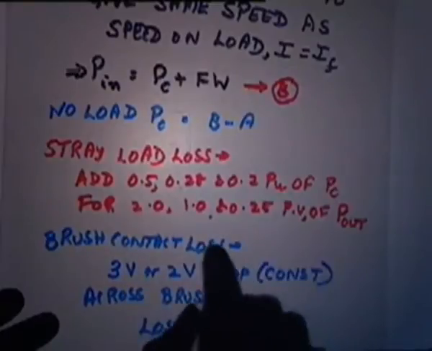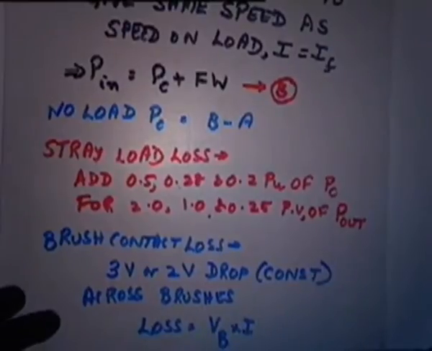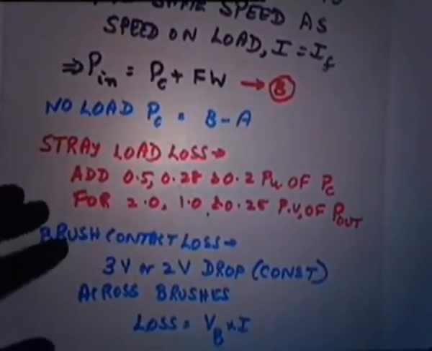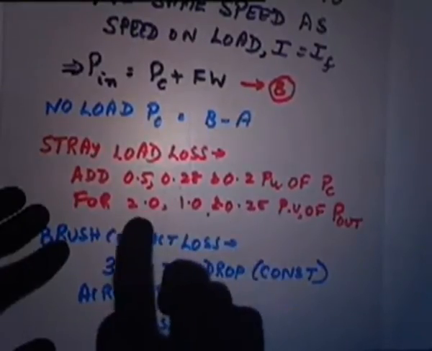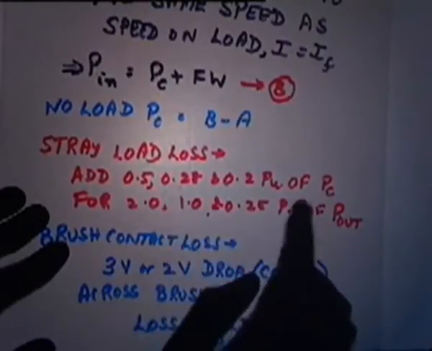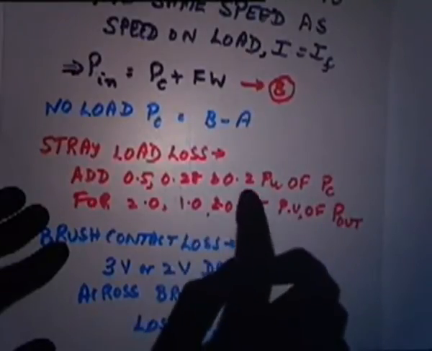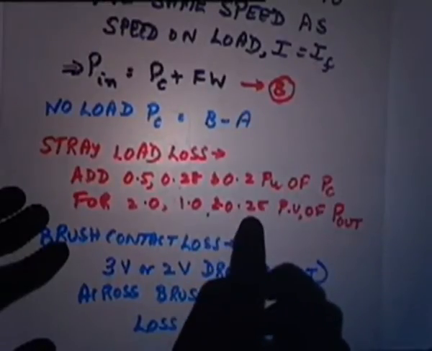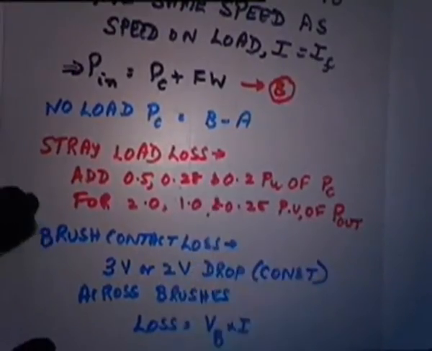For different values of this, then you add around so much per unit of power output. So for different power output, again the stray load loss will depend upon power output. If it is twice per unit, 1 per unit, 0.25 per unit, for twice per unit add 0.5 of the PC, for 1 per unit it's 0.2 times PC, and for 0.25, 0.2 times PC. That means if it is operating at 25% of power output, add around 20% of the core loss as the stray load loss.